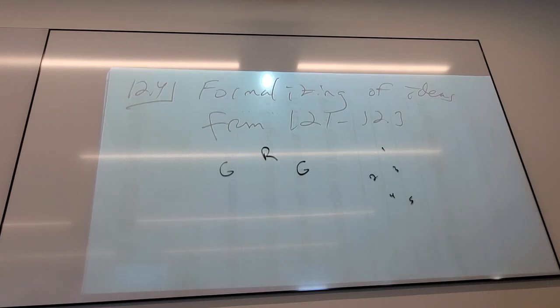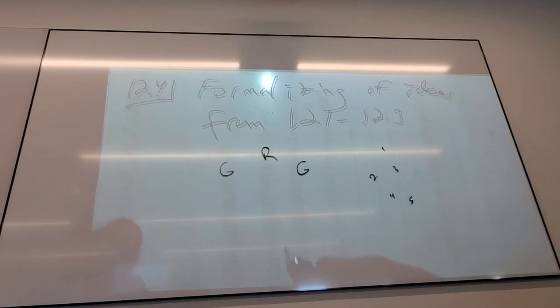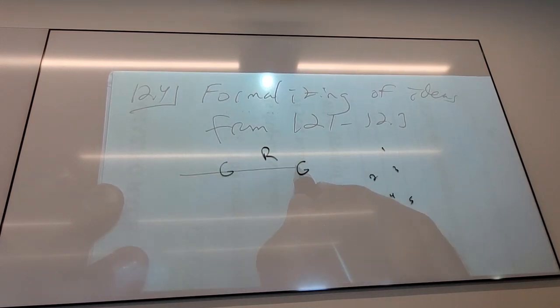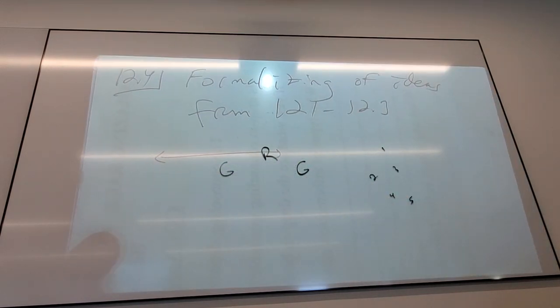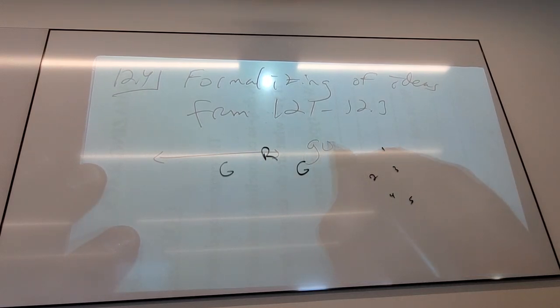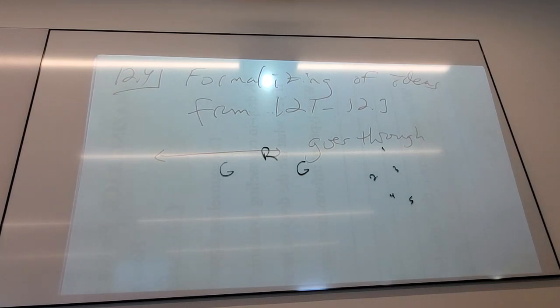So let me ask you this. If I have a line, how many points does that line go through? What's the idea of a line? How many points does it go through? Infinitely many. I love it.